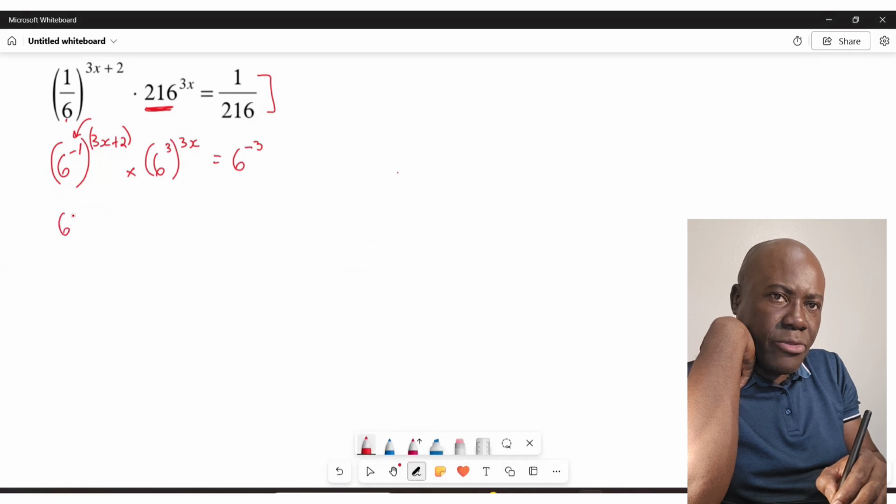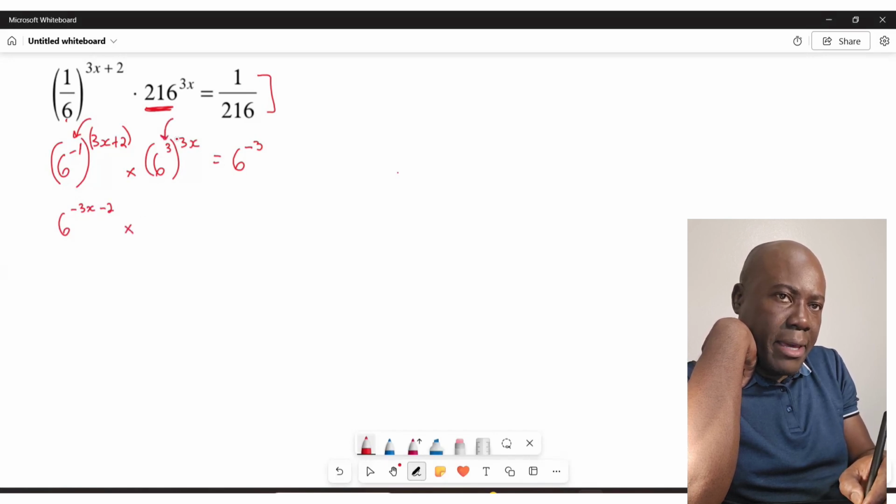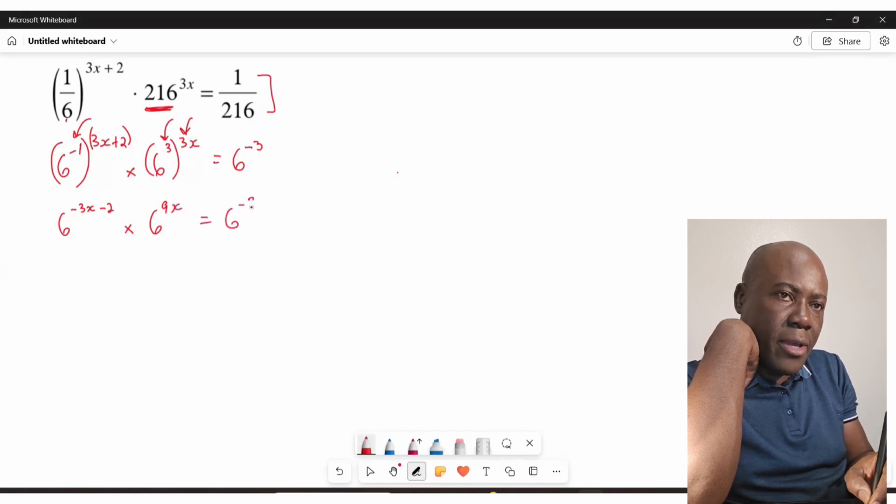So this is actually 6 raised to the negative 3x minus 2, and this is being multiplied by 6 raised to the 9x, because a power raised to a power multiplies, and this is equal to 6 raised to the negative 3.